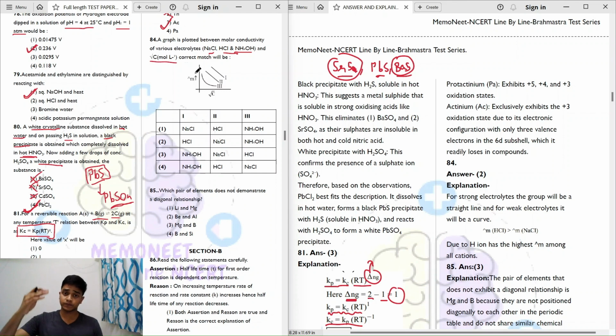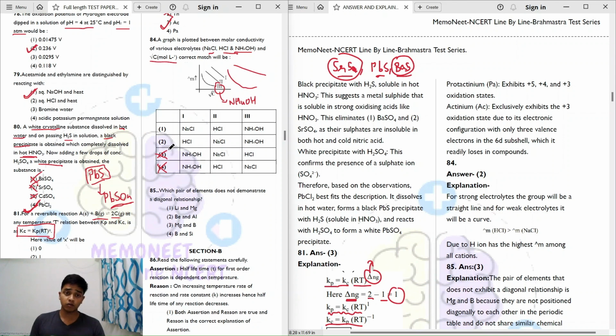When we draw a graph between molar conductivity and root of concentration, for a strong electrolyte we get a straight line, whereas for a weak electrolyte we get a curved graph like this, right? So that means compound 3 will be a weak electrolyte, which is NH4OH. So we can eliminate options 4 and 3.